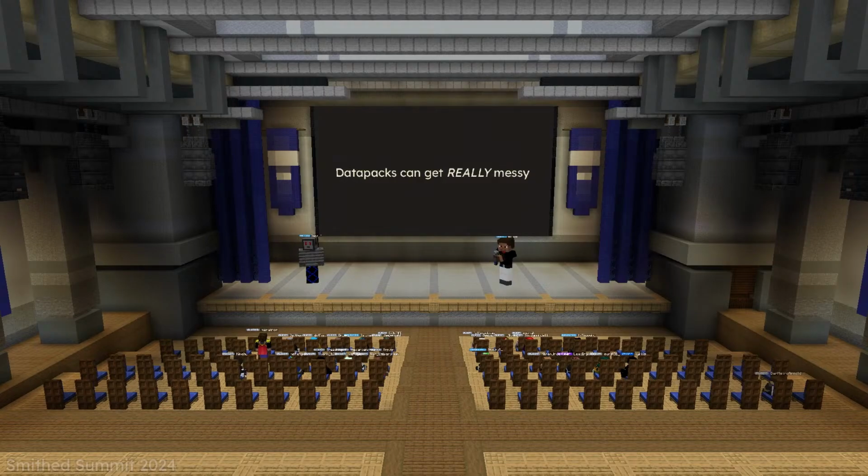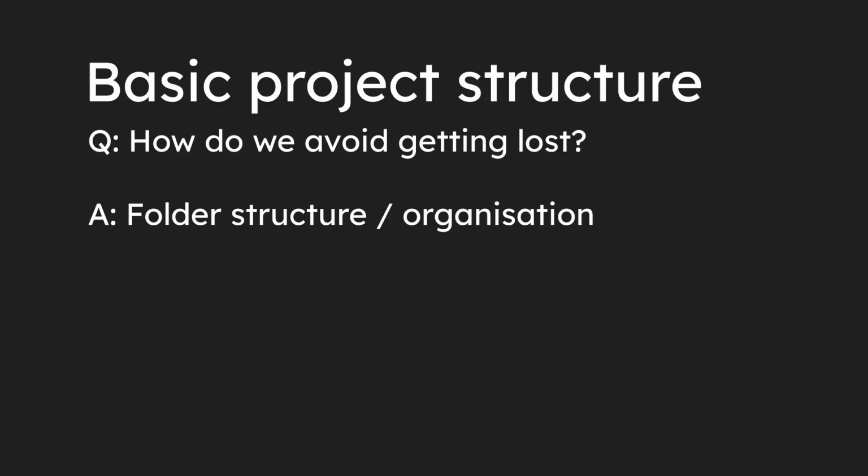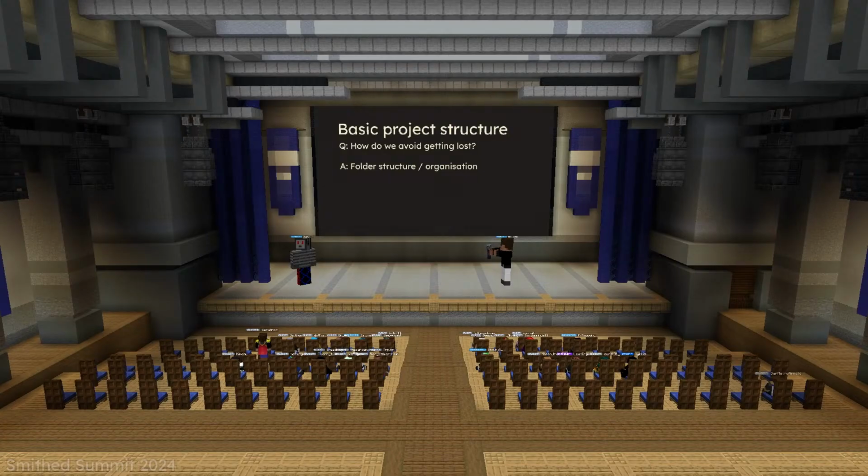I'm sure if you've worked on, especially maybe some of your earlier data pack projects, things may have gotten a little out of hand with the amount of files that you end up making, right? So how do we avoid getting lost in this swamp of MC functions?